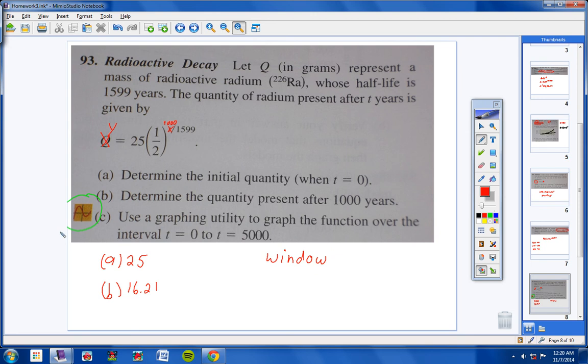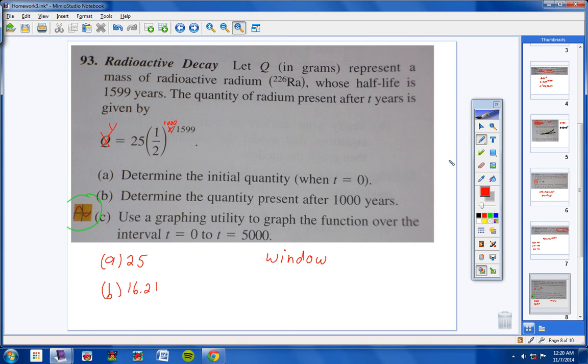Second one from the right at the top says window. Push your window button. And then it says X min X max. Well, we know right here we want our x's to run from 0 to 5,000. So I'm going to go ahead and put 0 for my x min, and for my max, I'm going to put 5,000. Okay? That's pretty simple.